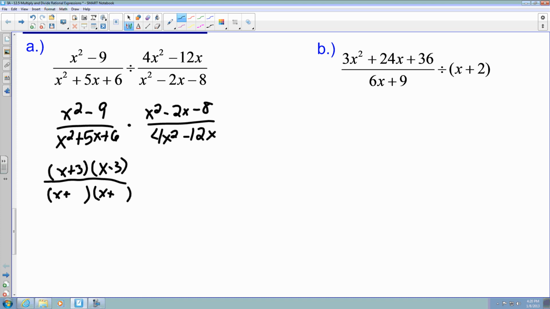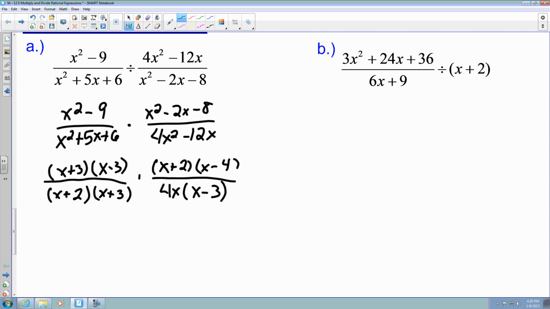And it's going to be 2 and 3 times by, so there are parentheses, parentheses, I got x and x. Negative 8 means they're going to be different signs, and it's going to be, what, 4 and 2? And this last one can't be reverse foiled, but we can factor out a 4x out of here. So I can go 4x, and then it's x minus 3.